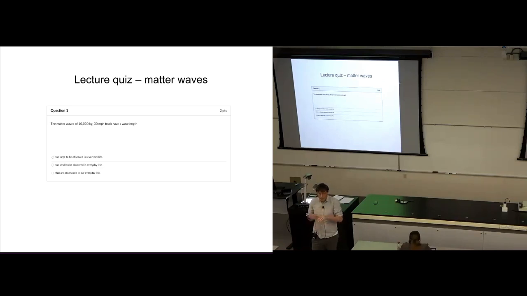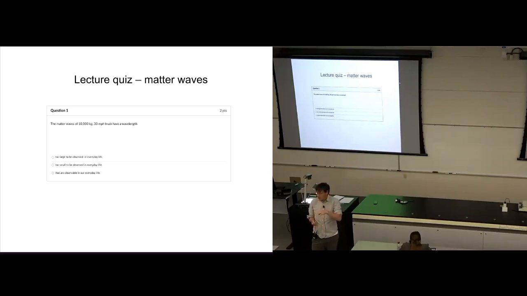In this particular case, this is a heavy object, lots of mass, so it's a high momentum object. The momentum is very large, so when I take Planck's constant and divide it by the momentum, because the momentum's in the denominator, I'm going to get a wavelength that's very, very, very small.